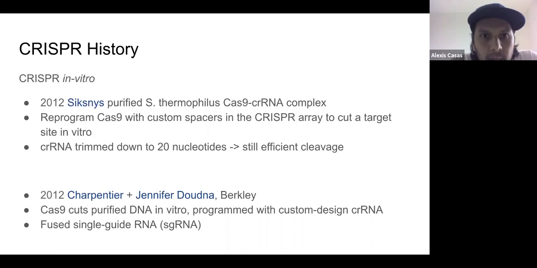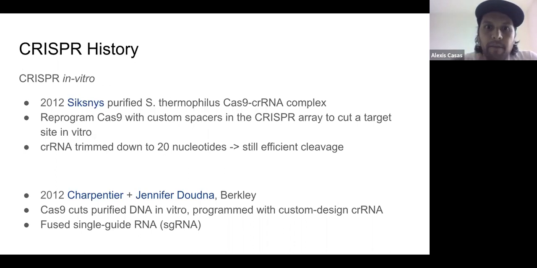And like Šikšnys, they showed that Cas9 could cut purified DNA in vitro and that it could be programmed with custom designed crRNAs. They showed that the two nuclease domains cut opposite strands, and that both crRNA and tracrRNA were required for Cas9 to function.